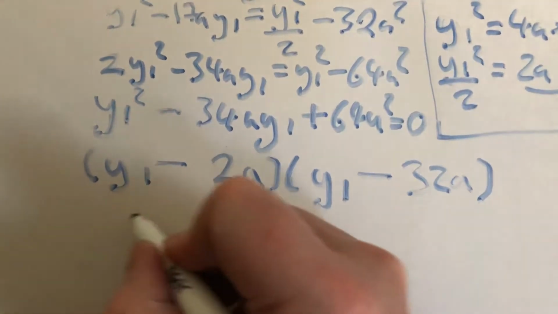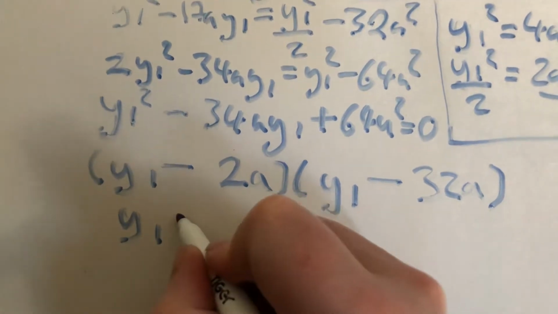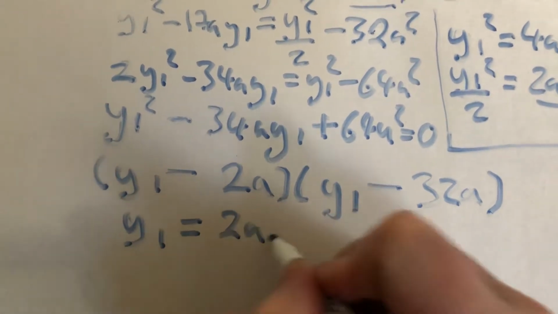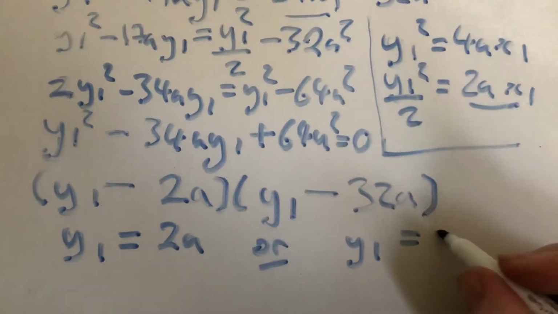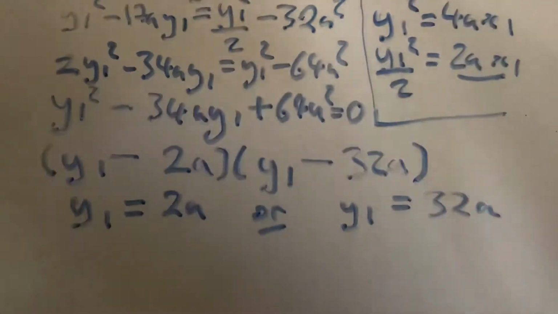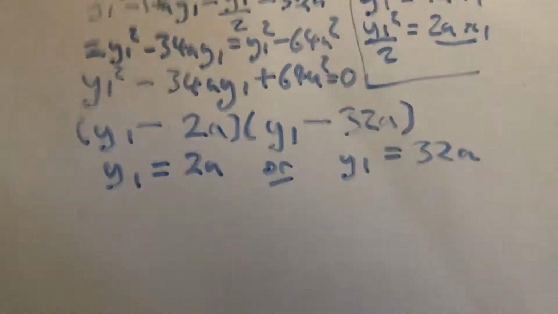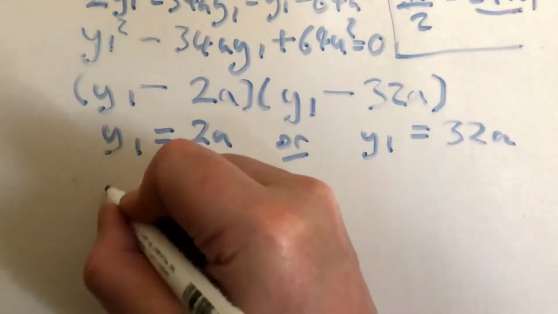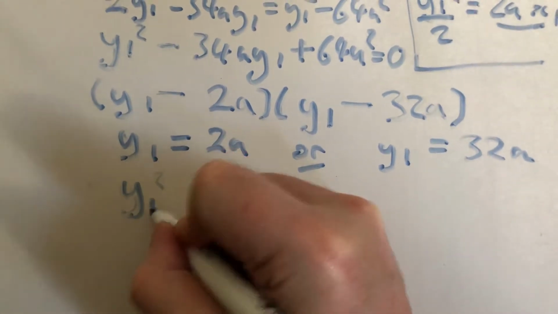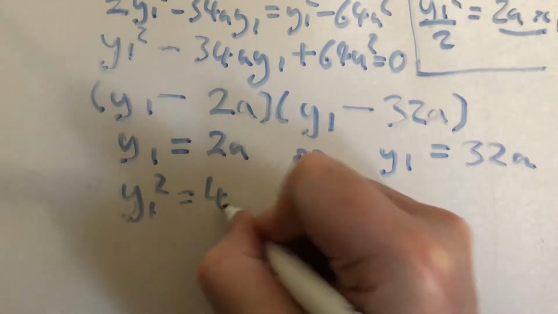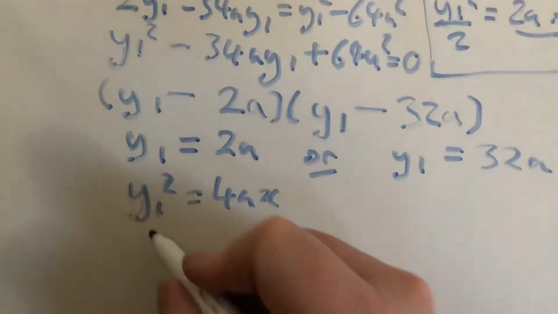Okay, so y1 is either equal to 2a or y1 is equal to 32a. Okay, cool. We know that y1 squared is equal to 4ax.